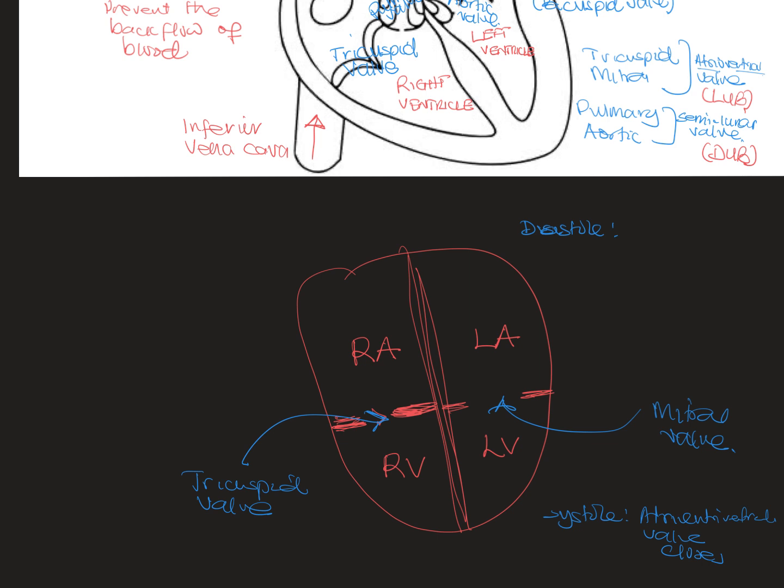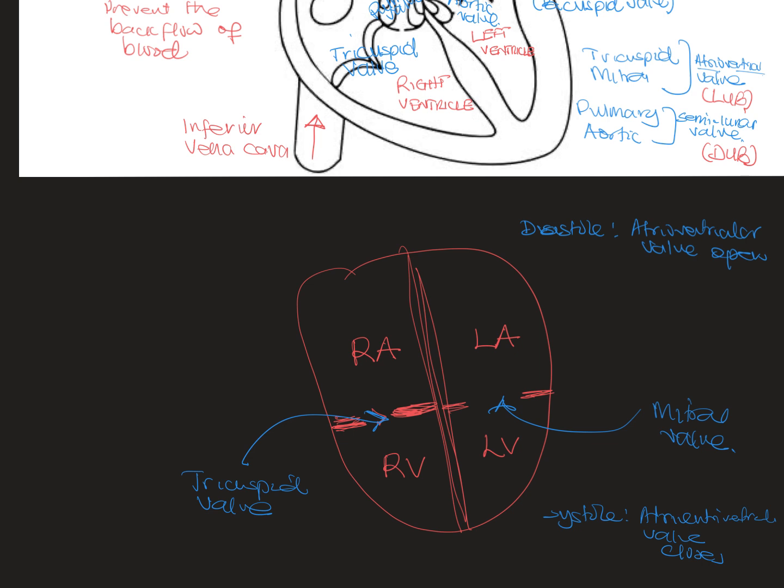So during diastole, what happens? The atrioventricular valves open. Okay, during diastole, the atrioventricular valves open, but during systole, the atrioventricular valves close. So the opposite will happen for the semilunar valves.